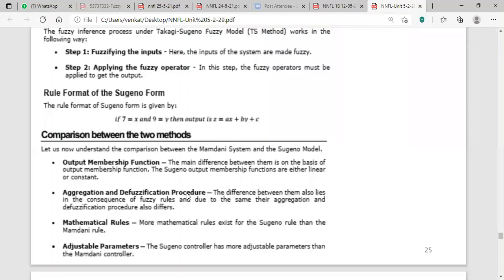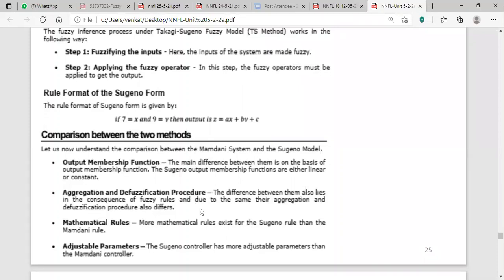In the Mamdani fuzzy inference system, the consequent part is simply represented as one variable. But in case of Sugeno fuzzy inference system, the consequent part is written as a function of both the fuzzy input operators.